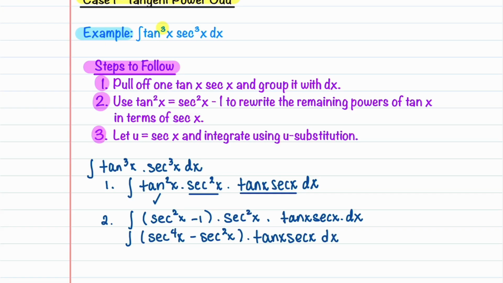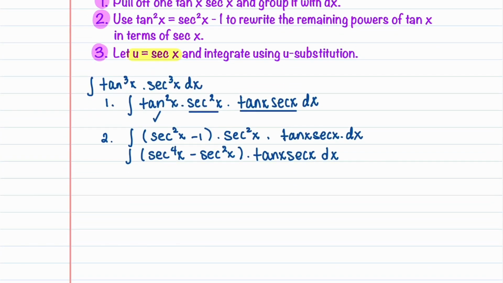Now let's look at step 3. You might already be guessing what this is. We are going to do a u-substitution, and we're going to let u be equal to secant x, and then we'll just integrate. So for step 3, our u is equal to secant x, and our du is secant x tangent x dx, and we have that up there.